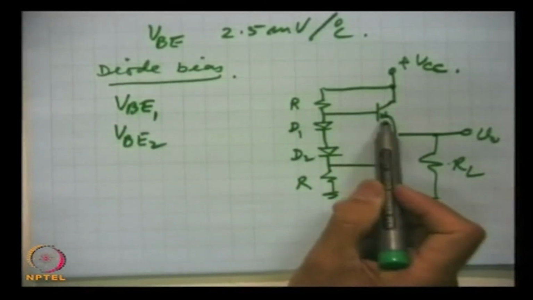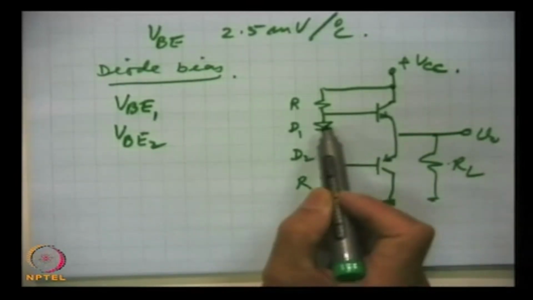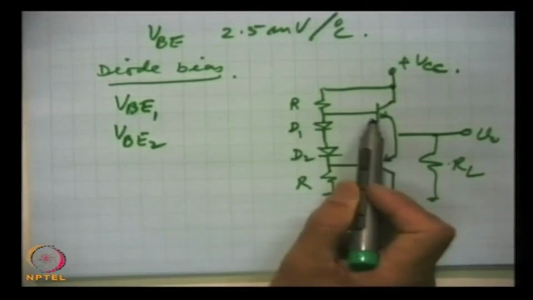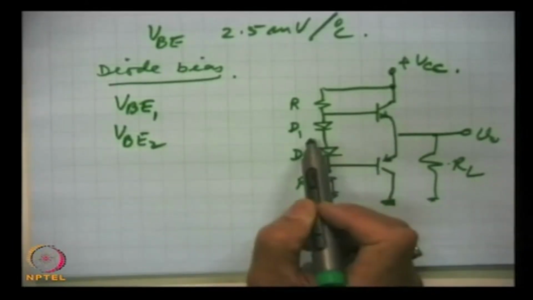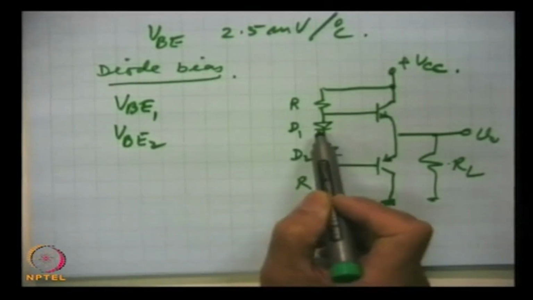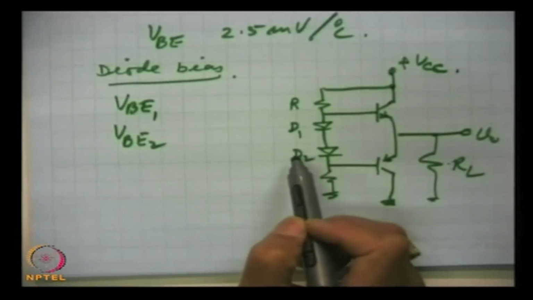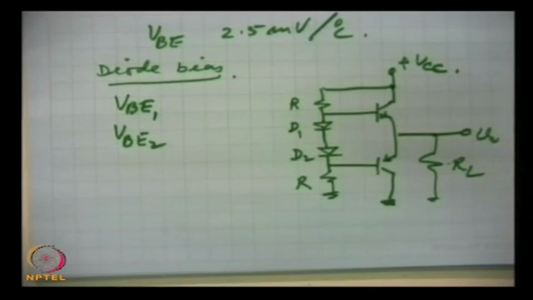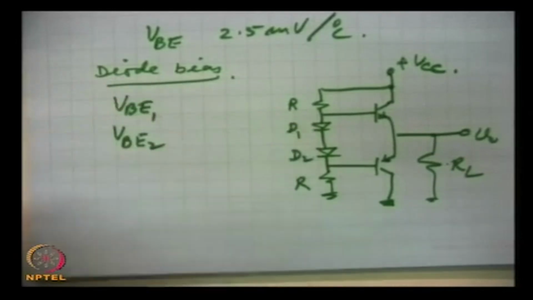Because the characteristics of these base emitter junctions are the same as these diodes, the same changes will occur in these diodes, and that will take corrective measures, and the operating point will not shift because of this variation, temperature variation in particular. So, this is about the diode bias. The next thing which we take are power relations and efficiency.